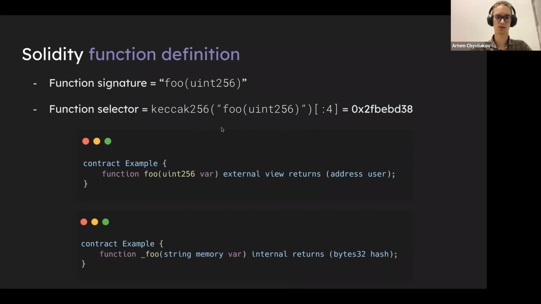It uses the function signature, passes the signature as raw text, so it doesn't encode it anyhow, to the Keccak-256 hash function, which outputs a 32-byte hash. And we take the first 4 bytes of this hash.